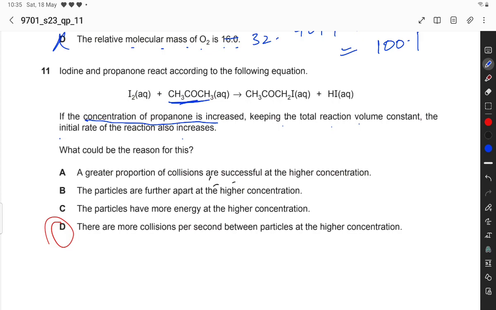So by increasing concentration, the rate of reaction is increased. So what could be the reason for this? A greater proportion of collisions are successful at higher concentration. The particles are further apart at higher concentration, is incorrect. The particles have more energy at higher concentration.